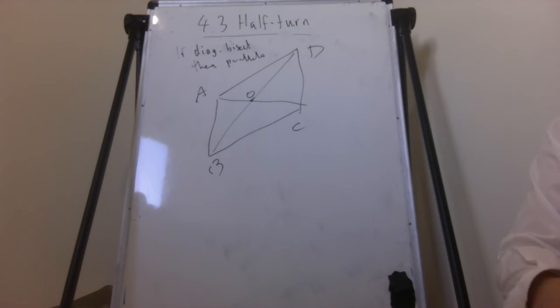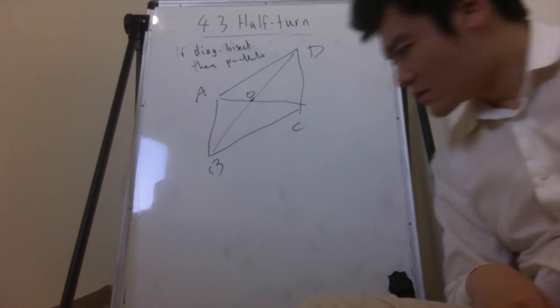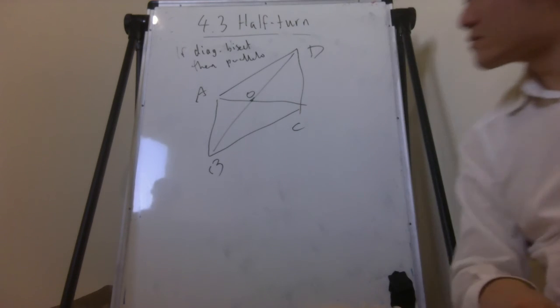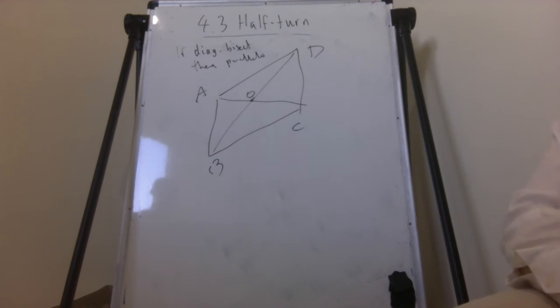Wait, is it obvious that it's parallel? Parallel lines go to parallel lines. Oh, we said that at the start, right? Parallel lines go to parallel lines. Oh, that's a pretty slick proof, huh?